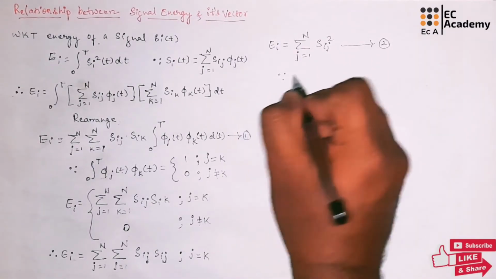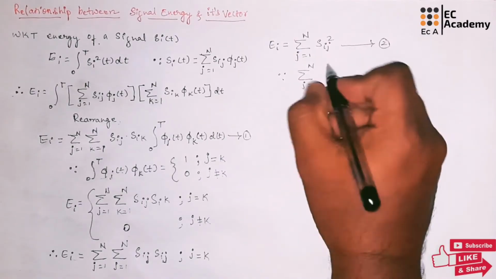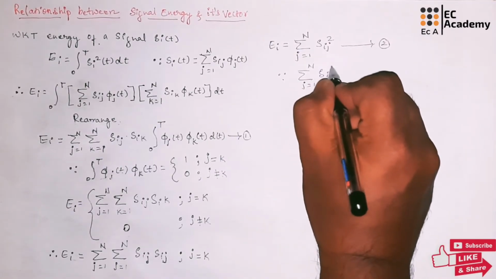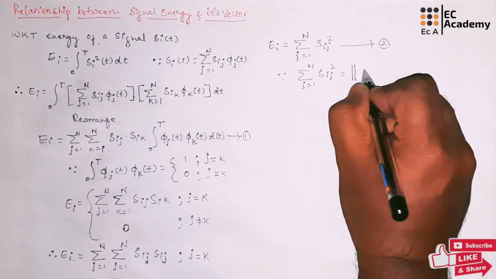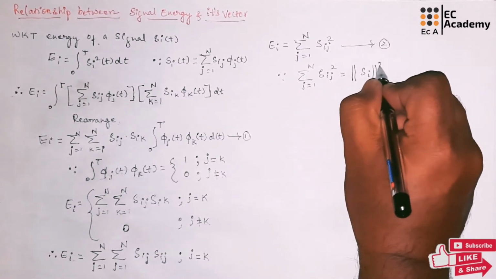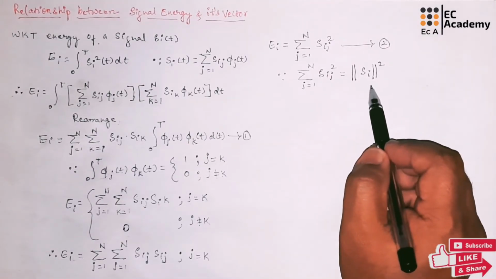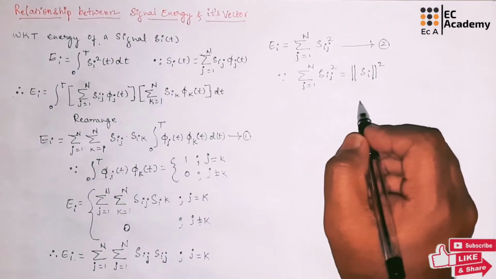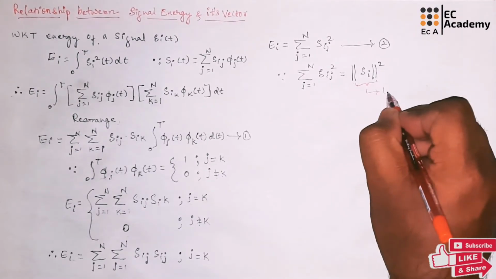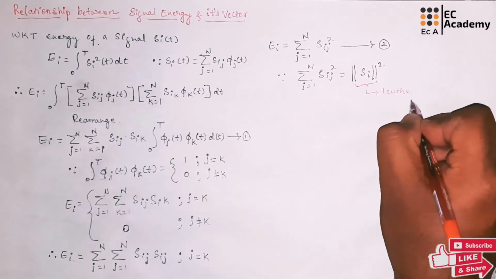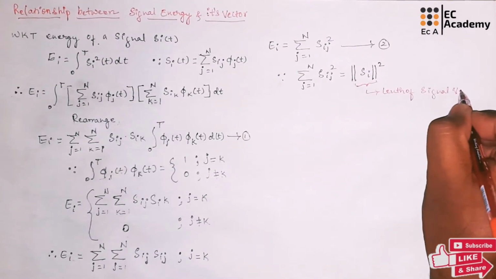Since we know summation of j is equal to 1 to n Sij square will be equal to norm of Si whole square, here the double line indicates the length of the signal vector.